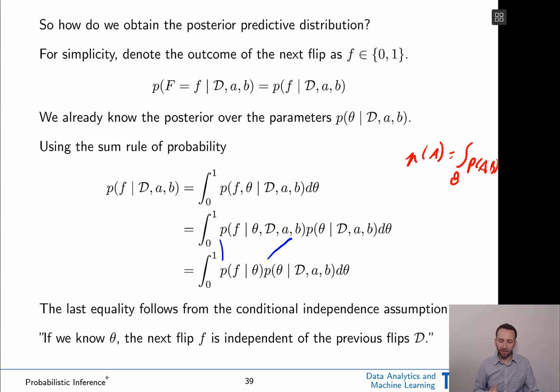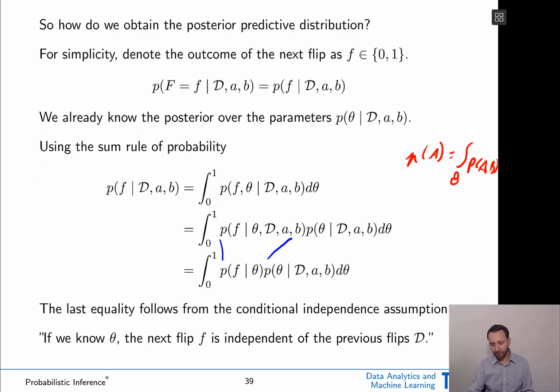Why is this the case? The point is, once we know what theta is, let's say theta is 0.3, we know how the coin behaves. Then the data and our other probabilities are no longer important, because we have already figured out what theta is. So technically speaking, we have a conditional independence assumption. Knowing theta, F is independent of the data.